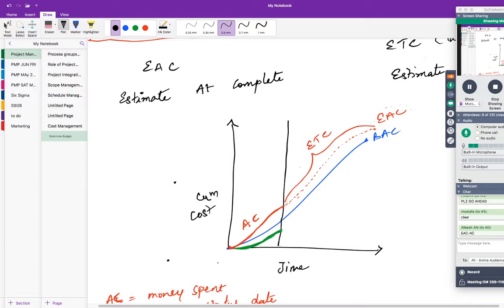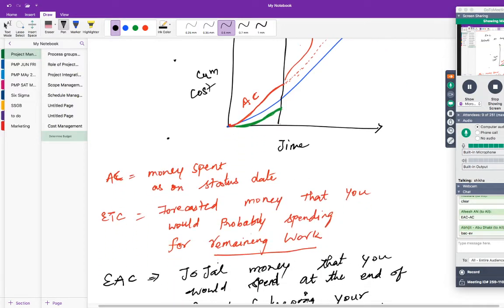Do you understand what remaining work is logically? The overall work minus work performed. Abhijit got it right: BAC minus EV.